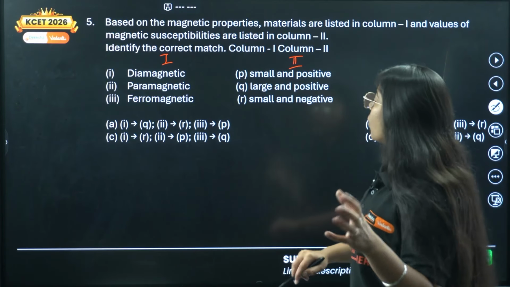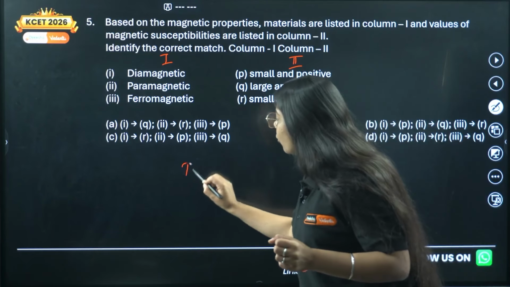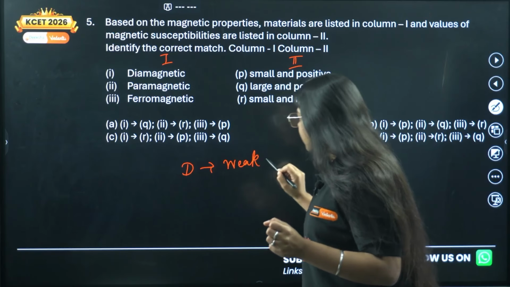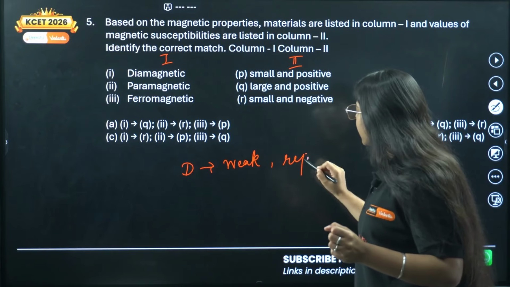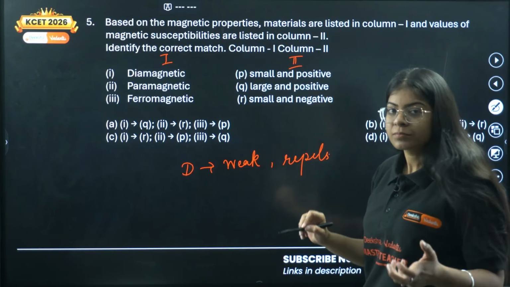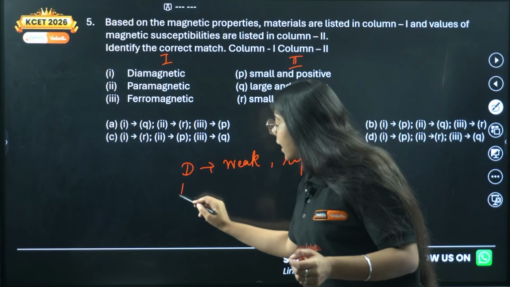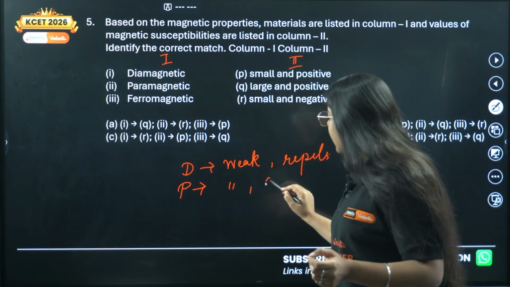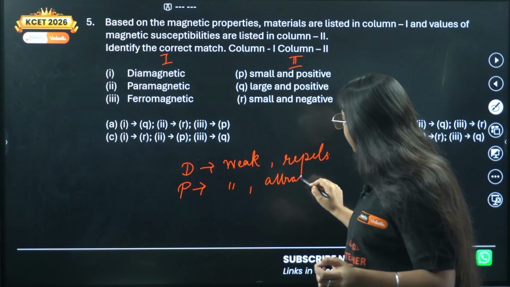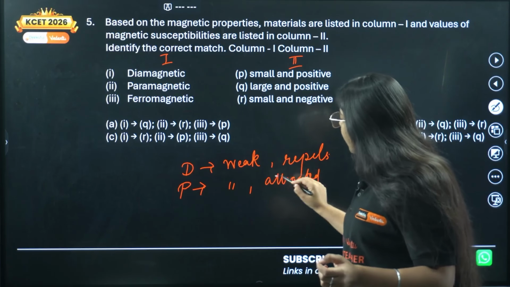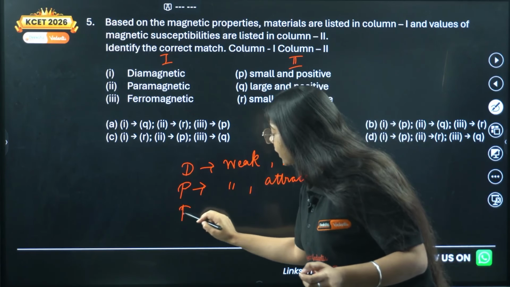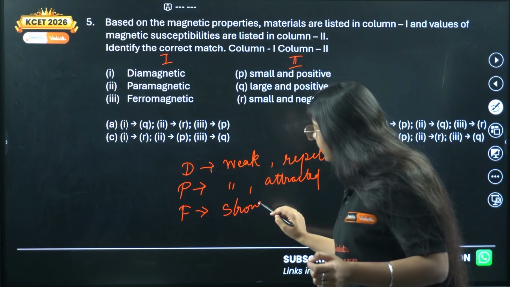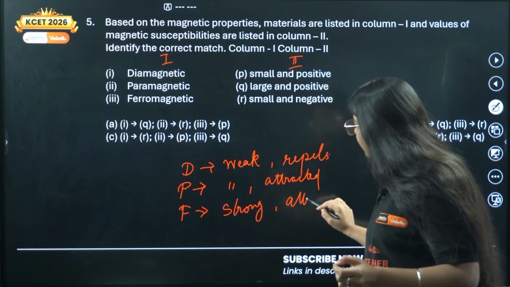Okay, so diamagnetic, I know diamagnetic is weak and it repels the magnetic field. Correct? We know that. Paramagnetic on the other hand is weak, but it is attracted by the magnetic field. Correct? Ferromagnetic on the other hand, it's strong and it is attracted by the magnetic field.